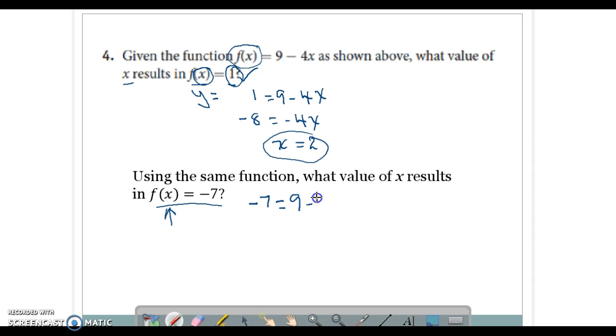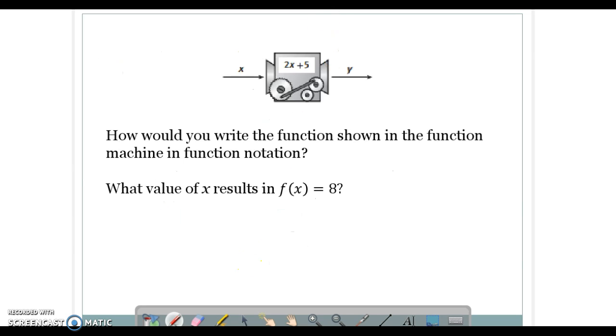And now they're asking us to work backwards. Same thing applies here. And so in this particular case, x equals 4. And we could plug 4 back into the original equation to verify. What value results in x equals 8? You should be able to solve that.